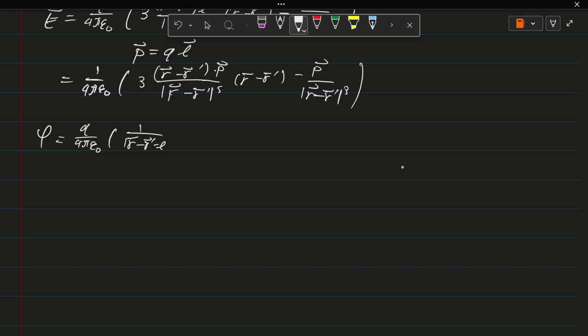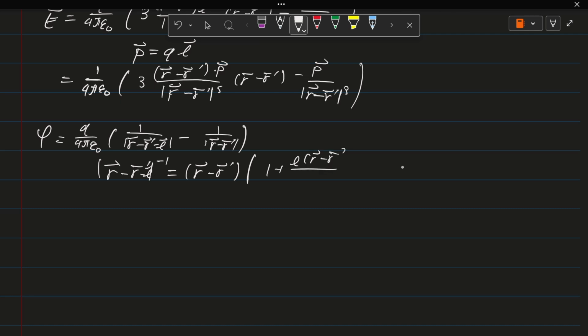R vector prime minus L vector, minus 1 over the length of r vector minus r vector prime. Now, r vector minus r vector prime to the power negative 1, minus L vector, could be re-expressed using the same idea as before, and thus we could get the expansion of r vector minus r vector prime, multiplied by 1 plus L dot (r vector minus r vector prime) over r vector minus r vector prime to the power 3, plus and so on.